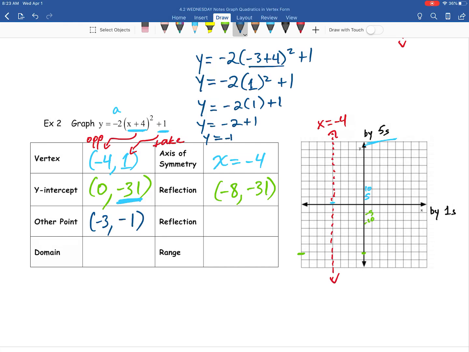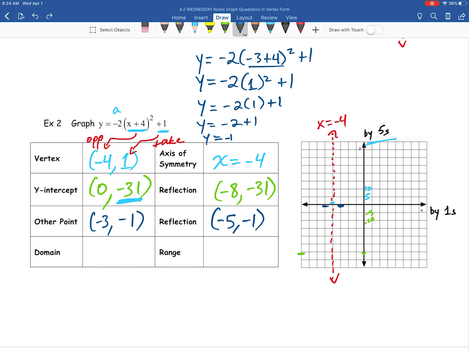So in the graph, what that would look like is at negative 3, negative 1 is just below that. So then when we reflect that, we would have it at negative 5, negative 1. Again, since it was 1 unit to the right of the mirror, you'd have to go 1 unit to the left of the mirror. So that's how we obtain that reflection point.